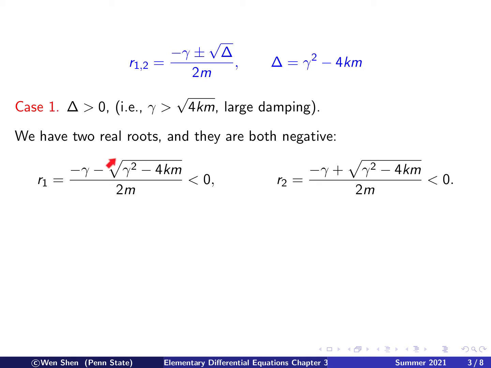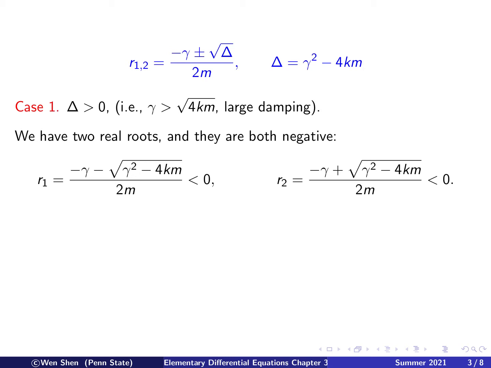So here we take the negative square root, and here we take the positive square root, and then both are divided by 2m. So one comment I want to make is the sign of the two roots. So r1 is this. Remember, gamma is always positive, and we're taking the negative root, so we have two negative numbers on the top, so this r1 is clearly a negative real number.